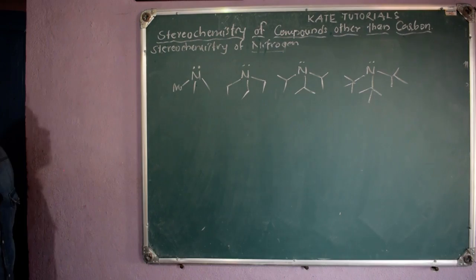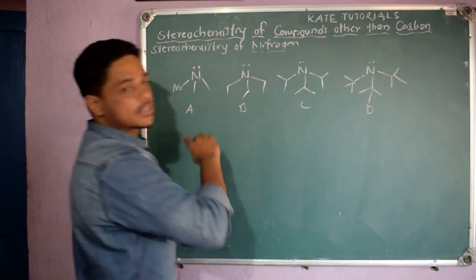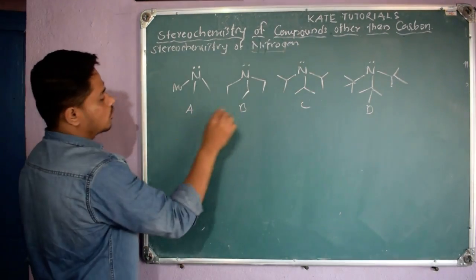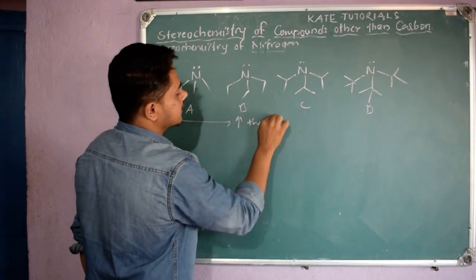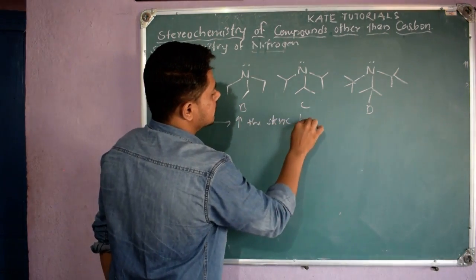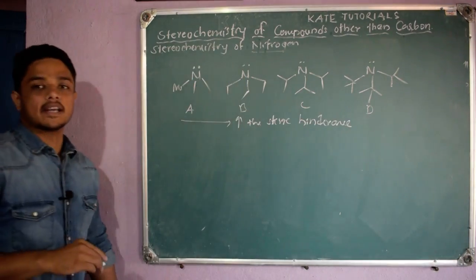So these compounds they took, A, B, C, D. So what they have done, from left to right, A to D, they have increased the steric hindrance.